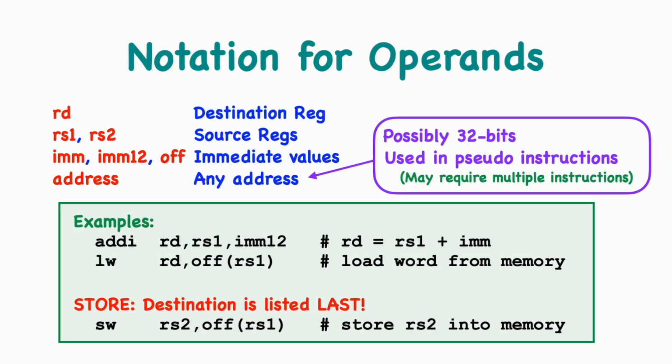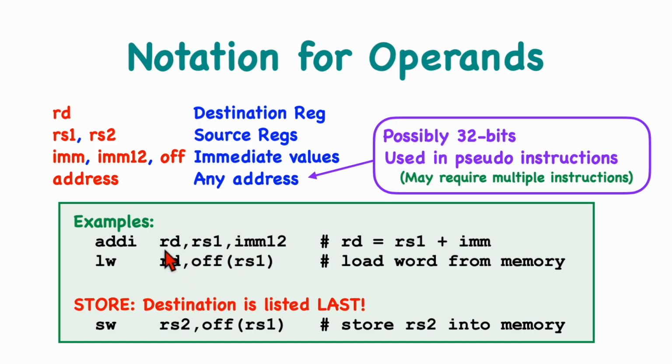In order to specify the various RISC-V instructions, we use the following notation for describing the operands. So this allows us to describe the instructions in sort of an abstract way. And down here we see some examples for the add immediate and the load word and the store word instructions.